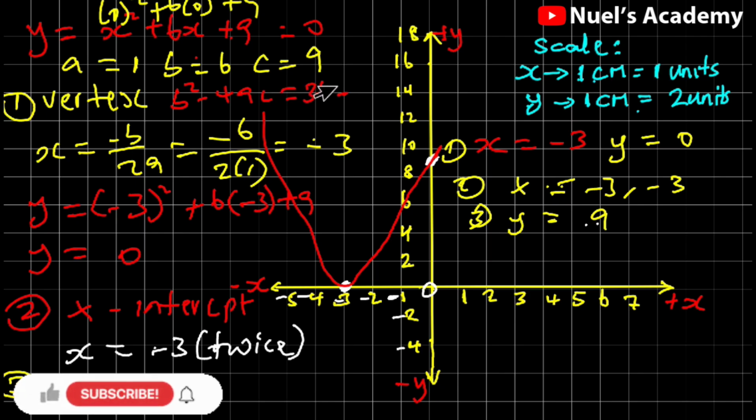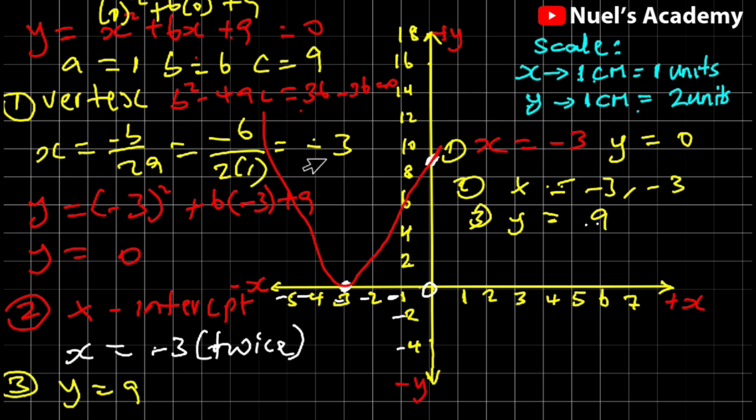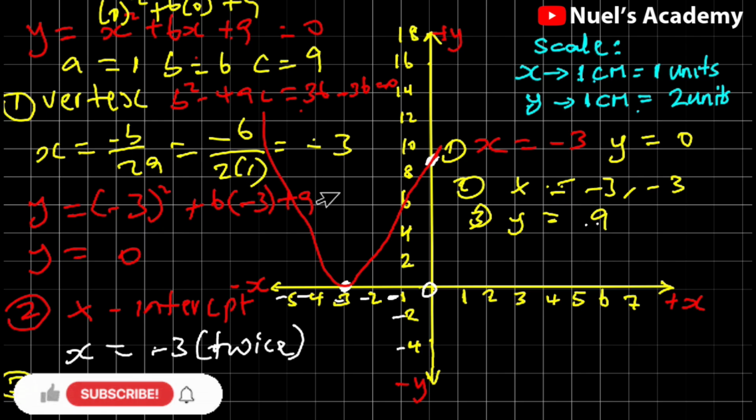So 36 minus 4ac, 4 times 1 is 4, 4 times 9 is 36, 36 minus 36 is equal to 0. So when the discriminant of a quadratic equation is equal to 0, it's going to have one repeated root, which is what we have here. x is equal to negative 3 and negative 3, and this is how the graph is always going to look.